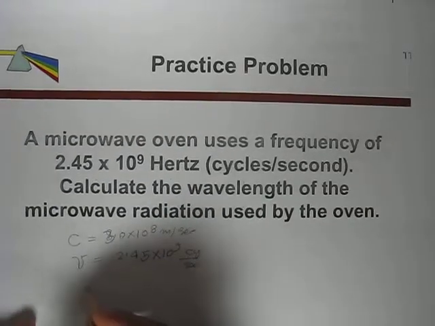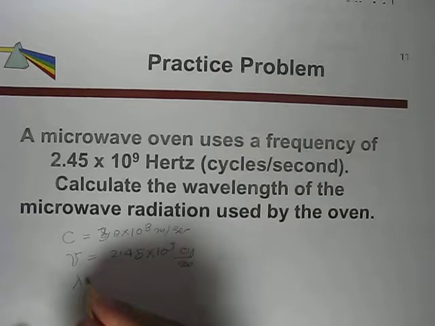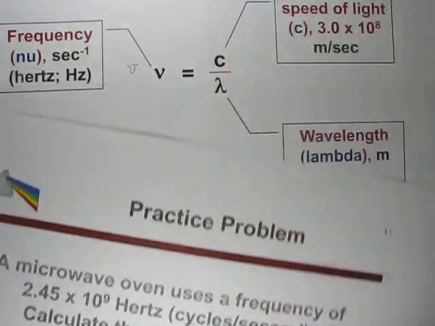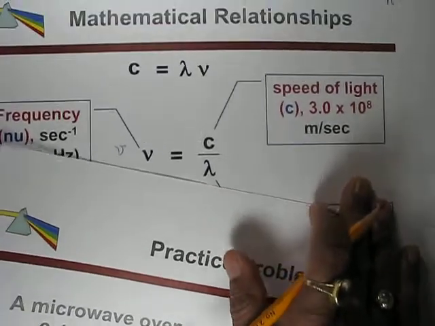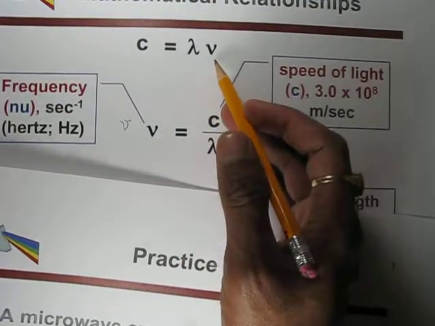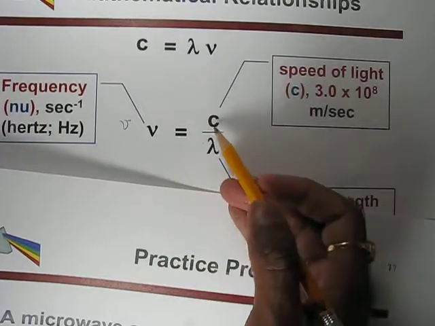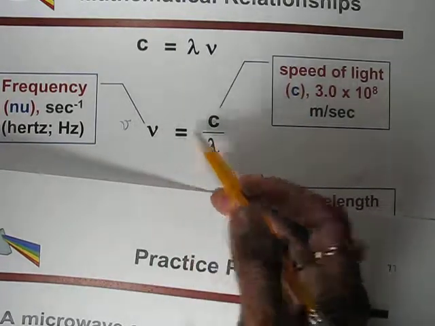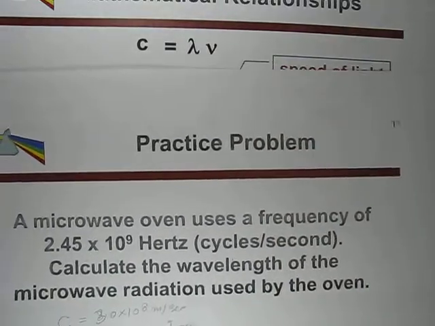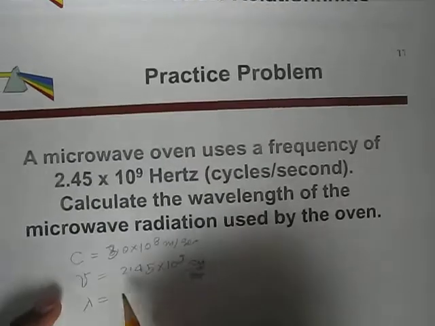And now they are asking about the wavelength of the microwave. As I said, you have to remember this formula either in this form or this form: c is equal to lambda nu, or nu is equal to c over lambda, or lambda is equal to c over nu. Whichever you prefer, you can memorize this formula.